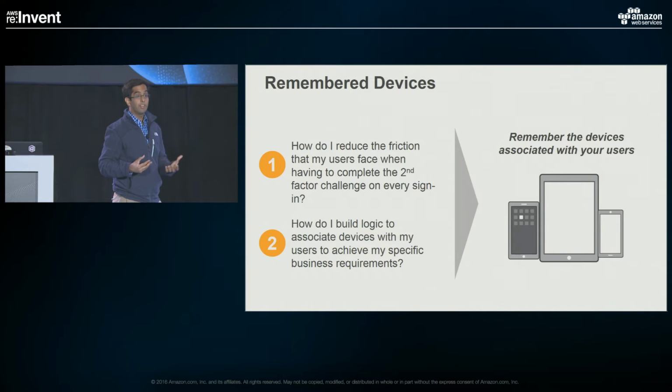And this is obviously a feature that you can configure, so you can turn it off or on. But with that ability to track and authenticate the devices, that provides you the ability to build in some additional interesting logic for your application. So imagine you're a content distributor, and you want to limit the number of devices associated with an account.